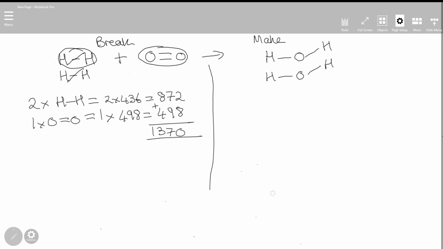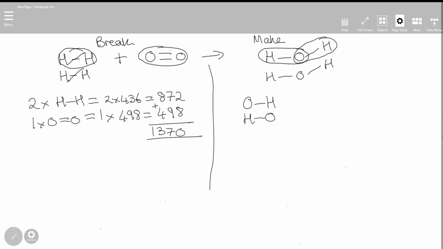Okay, now we're going to move to the other side and have a look at the energy that is being given out for making the bonds. So over here we have only got one type of bond, and this is an OH bond. You can see that bond here, and you can see that bond here. So it's not an OH and an HO, they're all the same thing, because it doesn't matter which way round you write it.